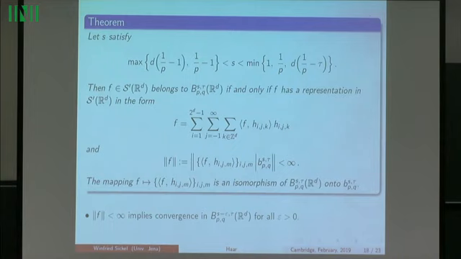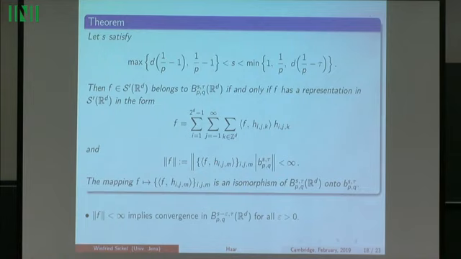A distribution belongs to these Besov-type spaces if it has a representation in S prime given by its Fourier-Haar series, and we have a condition in terms of a sequence space, which I will explain in a minute, where only the Fourier-Haar coefficients are used. And the mapping is again an isomorphism of this function space to the sequence space.